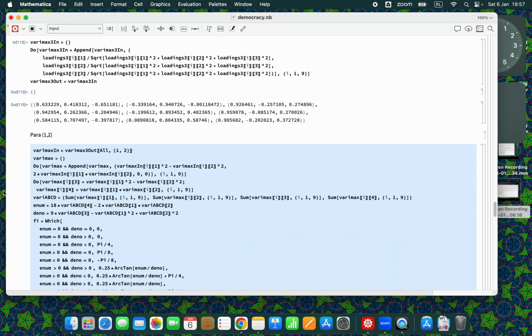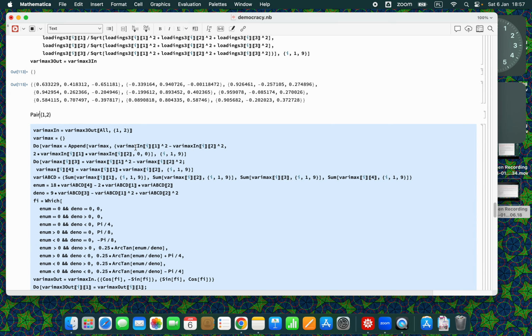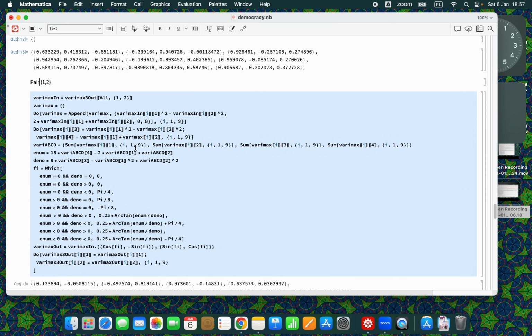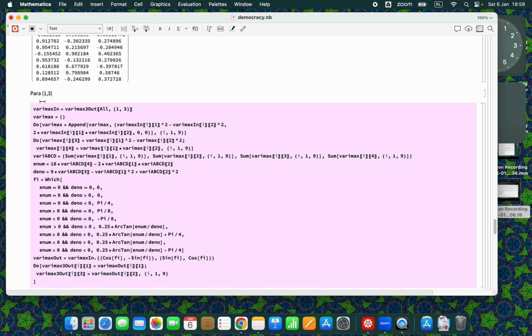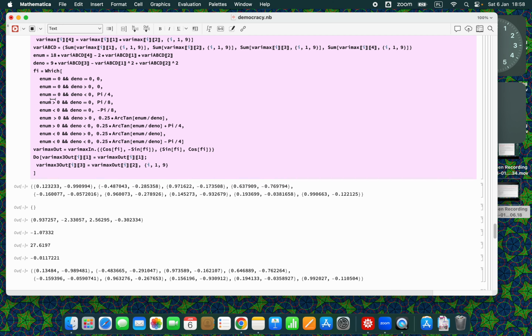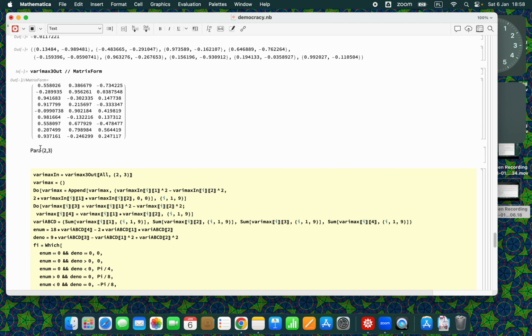So first we rotate the two first factors, then we apply rotation to the first and third, and then we apply rotation for the pair 2 and 3, and we look at the result.